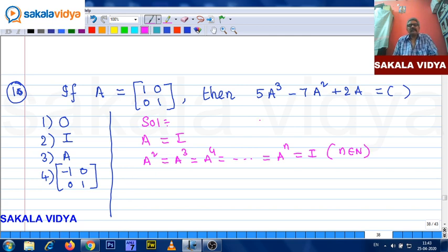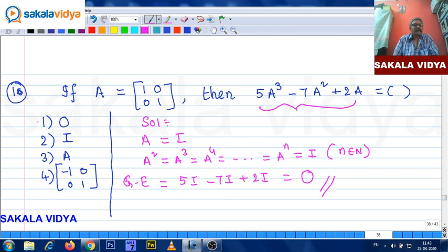That means this given expression we can write like this: 5I minus 7I plus 2I. 5I plus 2I minus 7I is the null matrix O of second order, the first option.